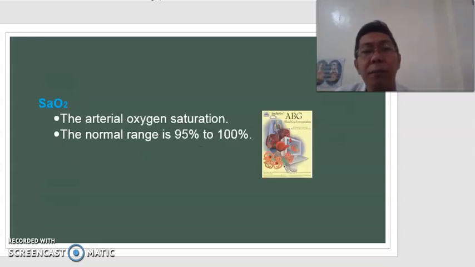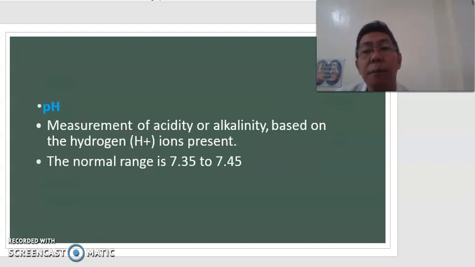Then we have the SaO2, the arterial oxygen saturation, which is normal at 95% to 100%. Then we have the pH, the acidity or alkalinity, based on the hydrogen ions present. The normal range again is 7.35 to 7.45.